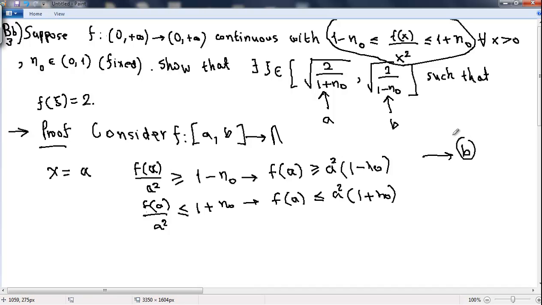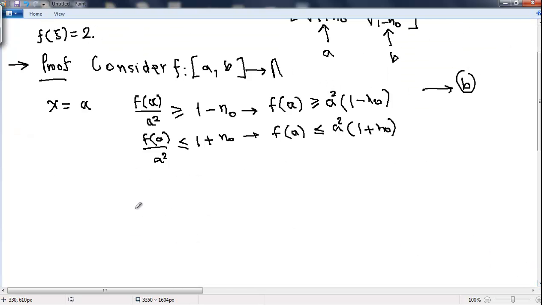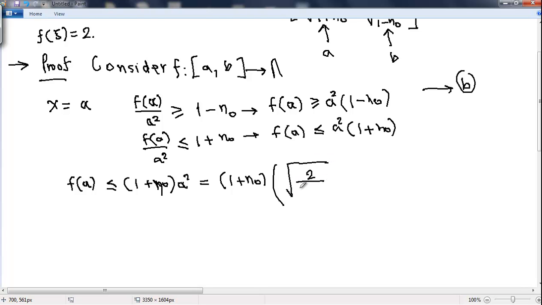If we substitute b in the place of x, finally from the relations above we have f of a is less than 1 plus eta 0 times a squared, and this is 1 plus eta 0 times square root of 2 over 1 plus eta 0, squared, and this is of course 2. So f of a is less than 2.